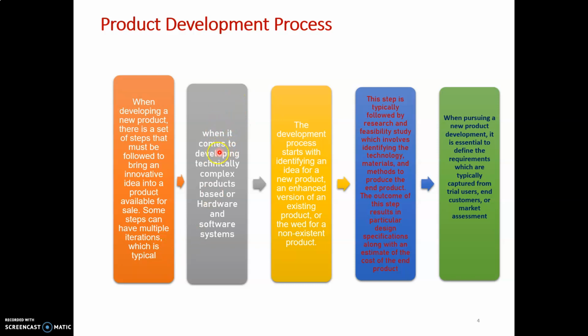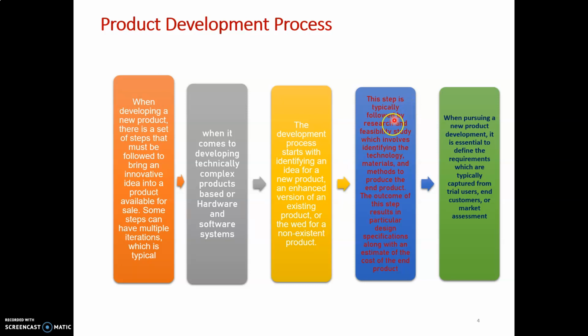When it comes to developing technically complex products based on hardware and software systems, the development process starts with identifying an idea for a new product, an enhanced version of an existing product, or a product that does not yet exist. Here we consider the existing product and our proposed product.